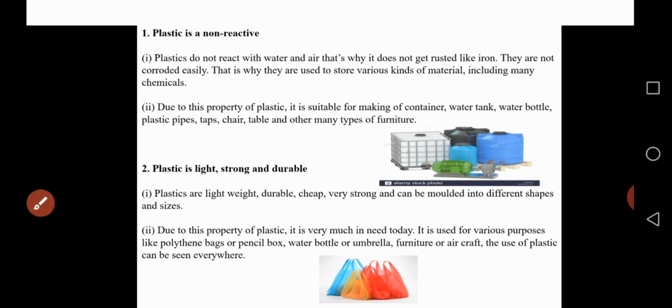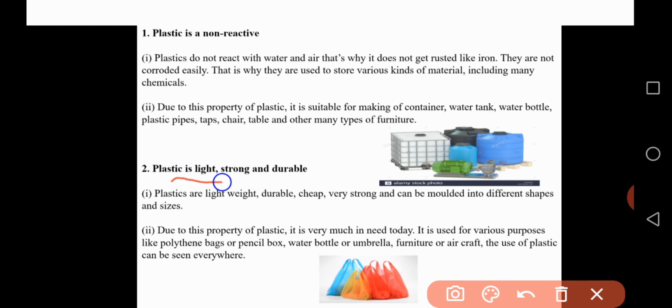So this is the first very important characteristic of plastic, that is, plastic is non-reactive. Next, coming to the second very important characteristic, that is, plastic is light, strong, and durable. Plastic is very light, not much weight, strong and also durable.